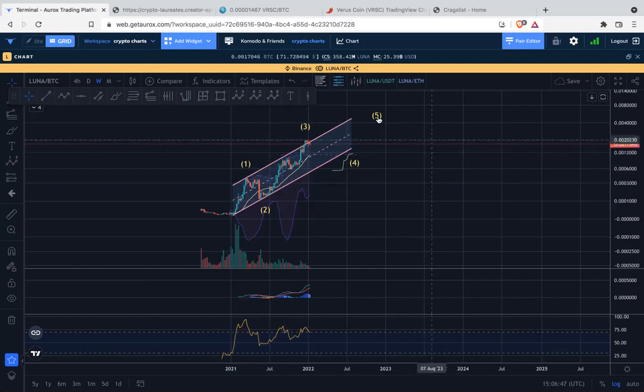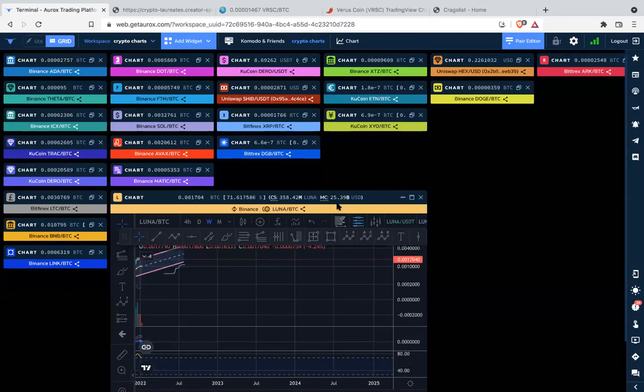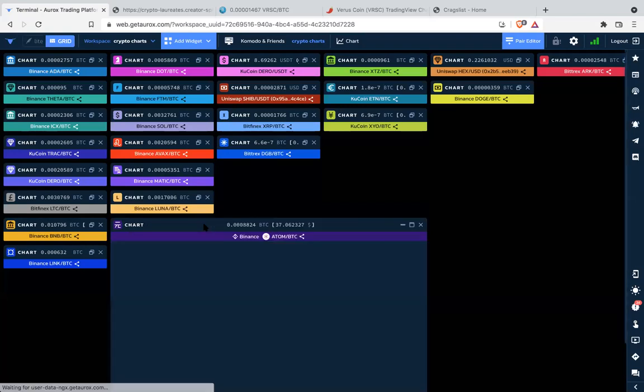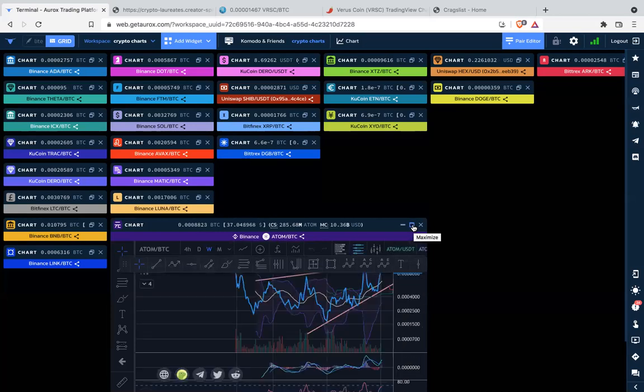Anyway, there are your Luna thoughts. And I think we have one more remaining. It is the Atom chart against BTC, currently holding at around 88,000 Satoshis.